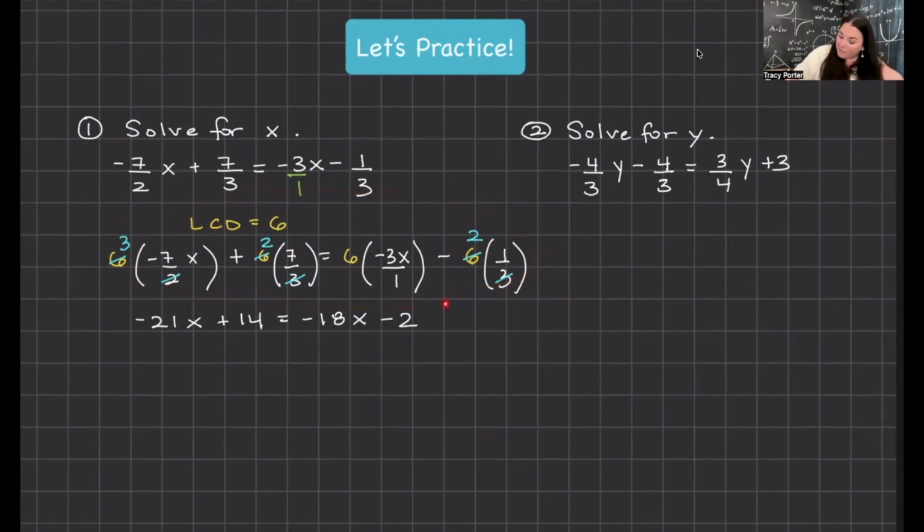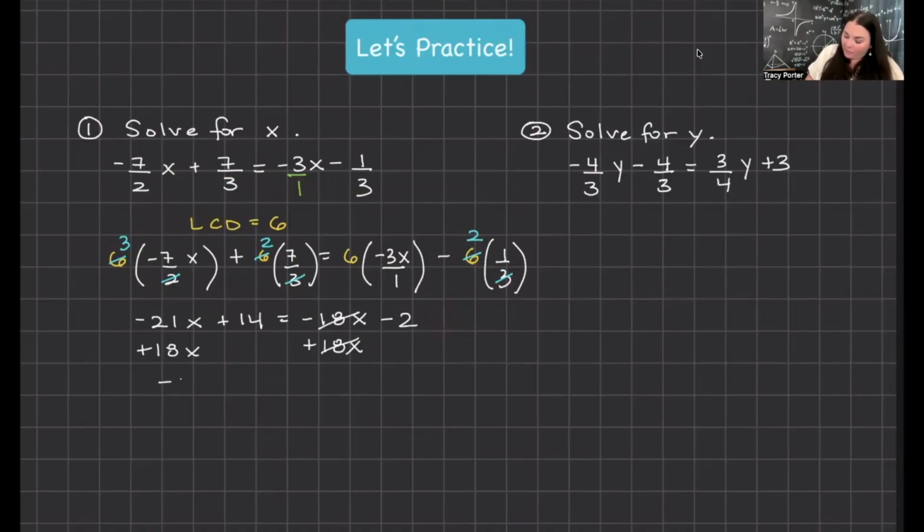This step can usually go pretty fast once you practice. It makes the equation so much more friendly, right? Because you don't have any fraction operations to deal with, which can be a little more tedious because they have more steps. From here, we can just add the 18x over, and we're showing all of our steps.